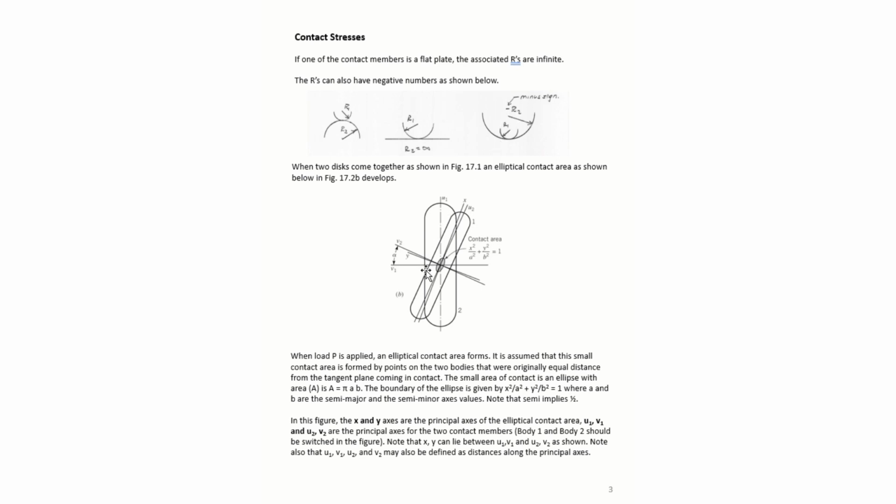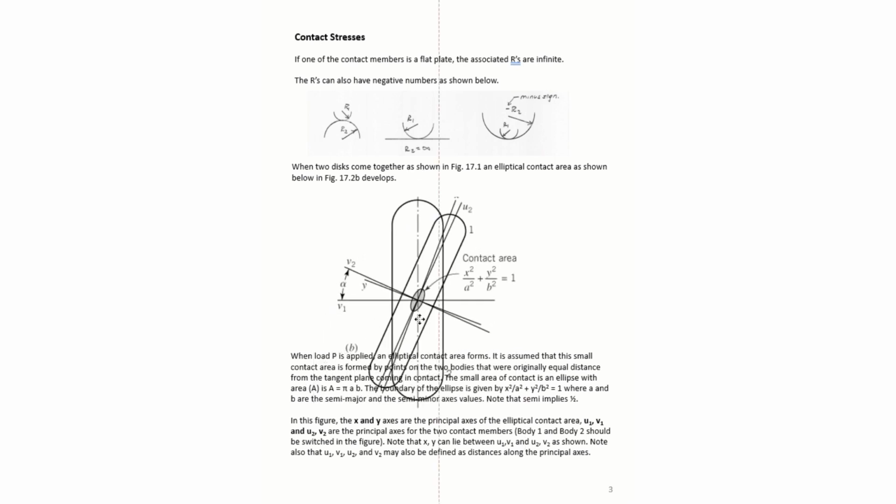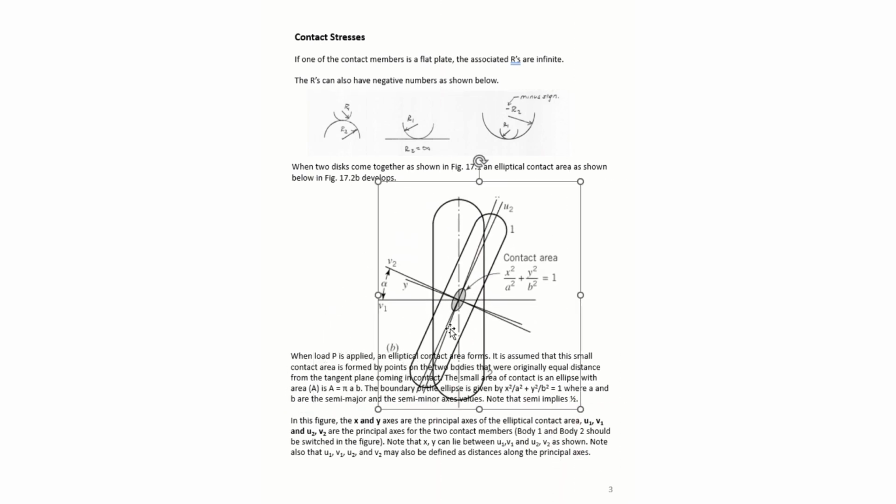Now if we look at some of the definitions of the axes, I'm going to blow this picture up a little bit so we can see it a little bit better. But here we have one member on an angle and one member located vertically.